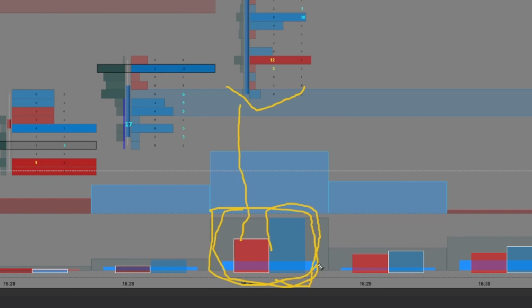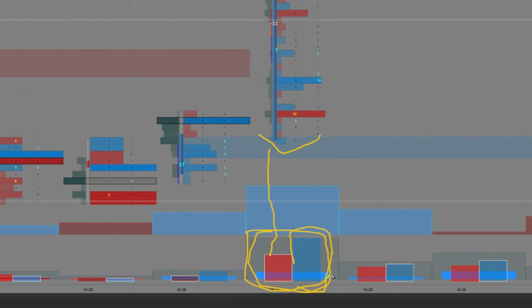Because if all stars are aligned in my system, all requirements 1, 2, 3, 4 alignment, then the last one I look at is that market speed. And if this one is aligned, boom, I make an entrance.